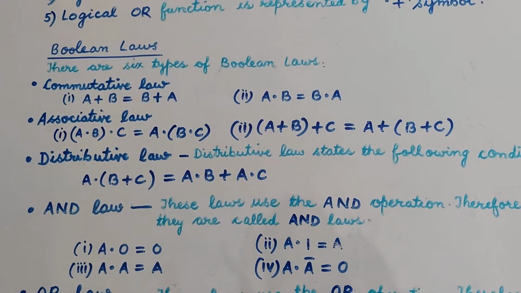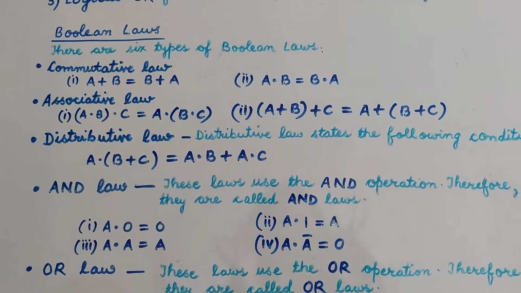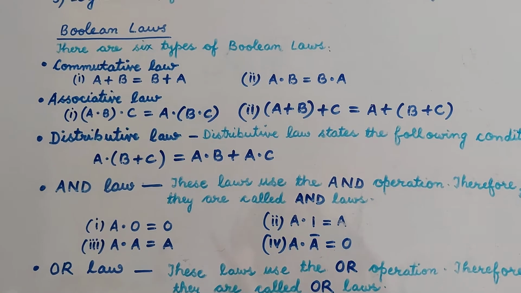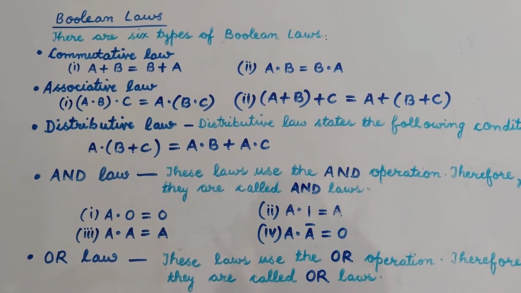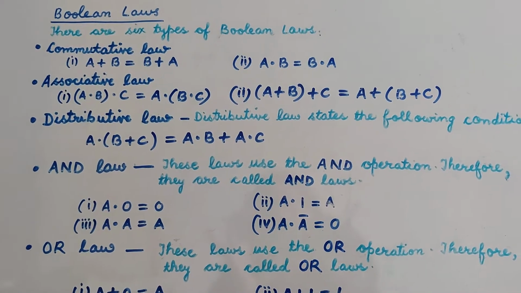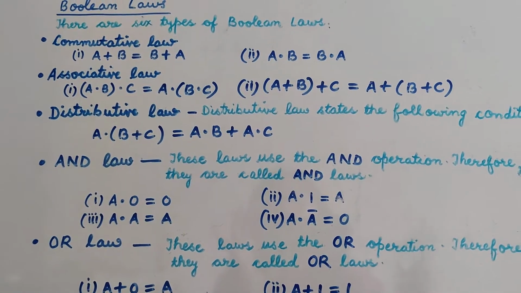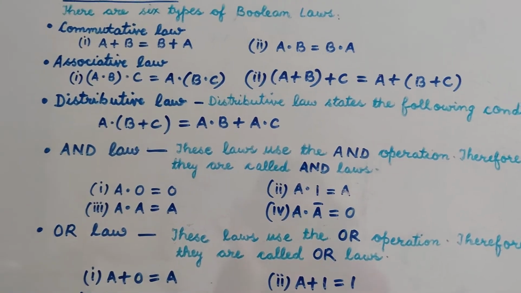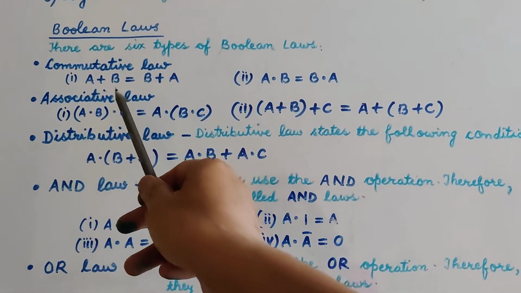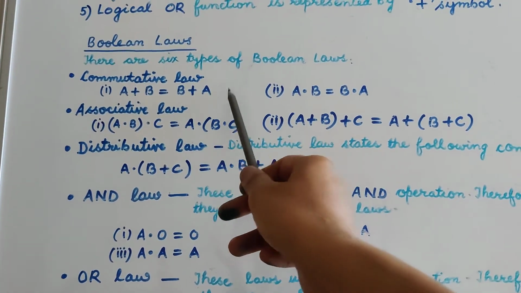There are total 6 types of Boolean laws. The first law is the commutative law. So, according to commutative law, if we add two variables, then the following condition must be satisfied. That is, if we add a plus b, then the value should be the same as b plus a.